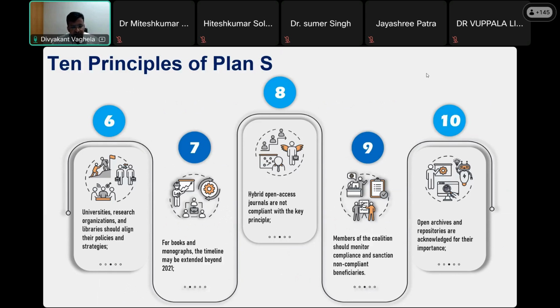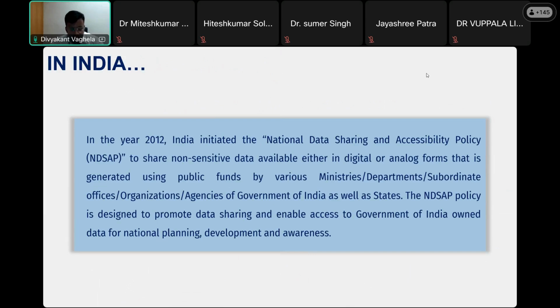In India, we have one policy. In 2012, India initiated the NDSAP policy, that is the National Data Sharing and Accessibility Policy, to share non-sensitive data which are available in digital and analog form and generated by government institutions, like ministries, departments, organizations, subordinate offices, agencies like that.